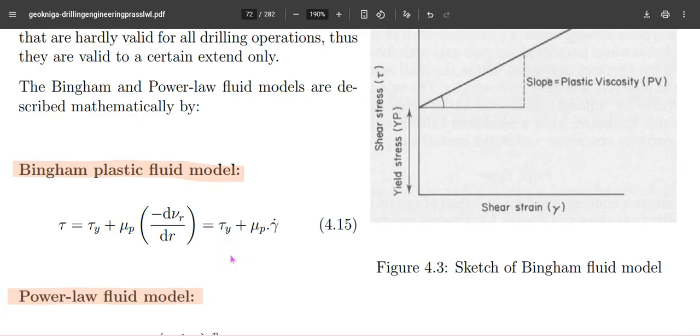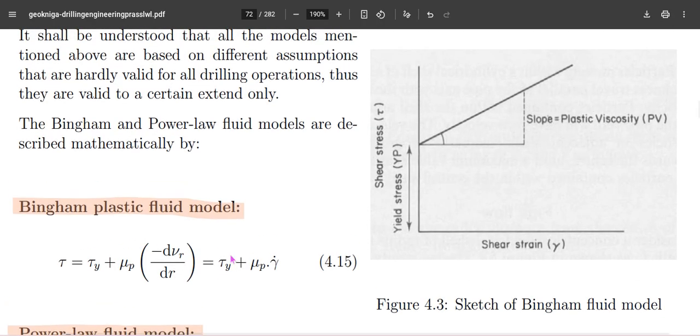What does this term say? Until a certain shear stress, there won't be fluid flow. Only beyond a certain limit does the fluid flow occur. That threshold limit of the shear stress, which makes the fluid flow, is called the yield point, or yield stress. Then after that, there will be a direct proportionality between the shear stress and shear rate.